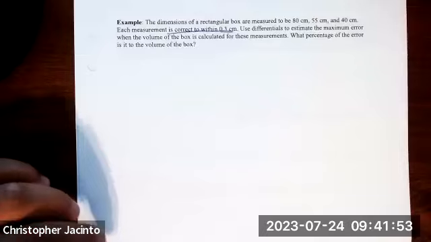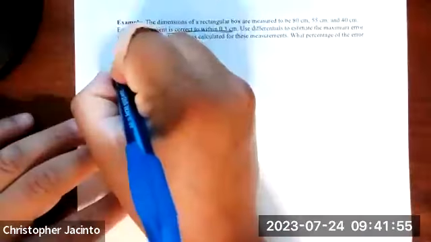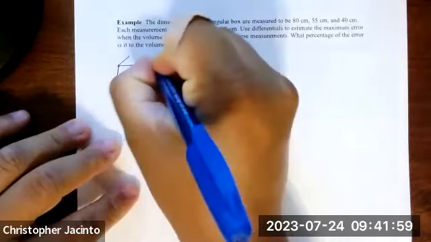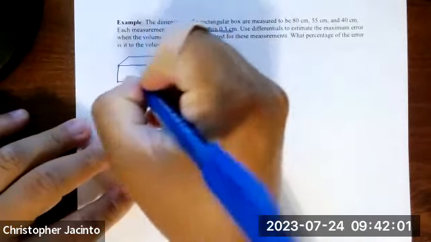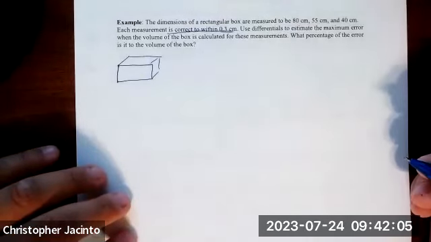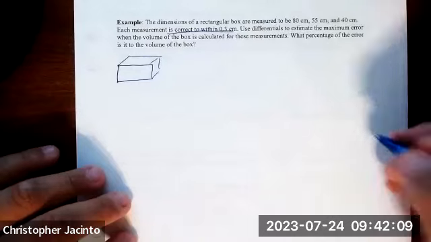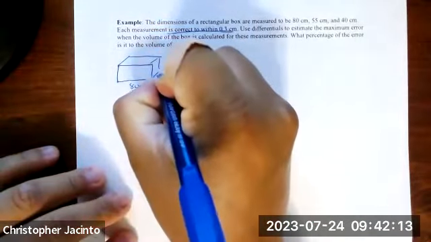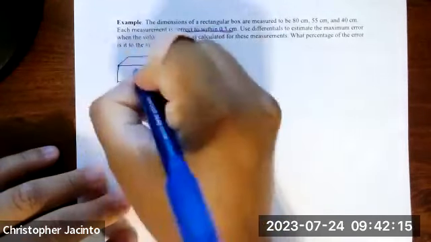Okay. So, like everything else, let's make a little picture. So here's a little box. It says the dimensions are 80, 55, and 40. So let's say this is 80, 55, and then 40.